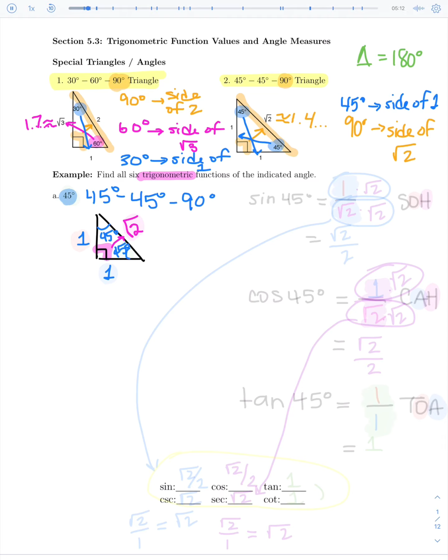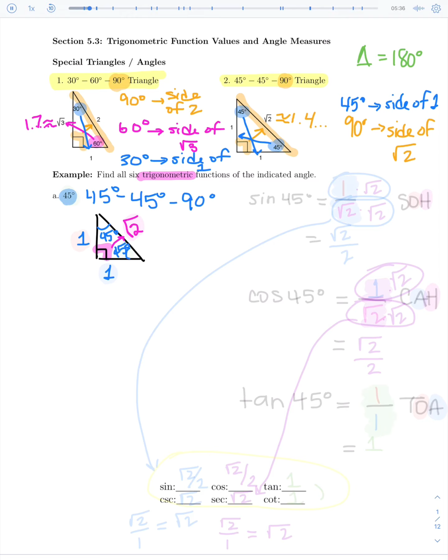So our 45, 45, 90, opposite the biggest angle, 90 degrees is the longest side, which is square root of 2. And the two 45-degree angles, because they're the same, should have the same sides, which are both just a regular value of 1.